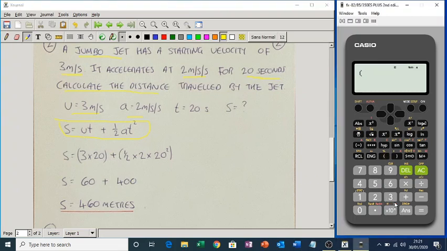So 3 times 20, close brackets, plus 0.5 times 2 times 20 squared, close the bracket, equals 460 meters. Thank you very much. So that jumbo jet has gone 460 meters in that time with that starting velocity and that acceleration.